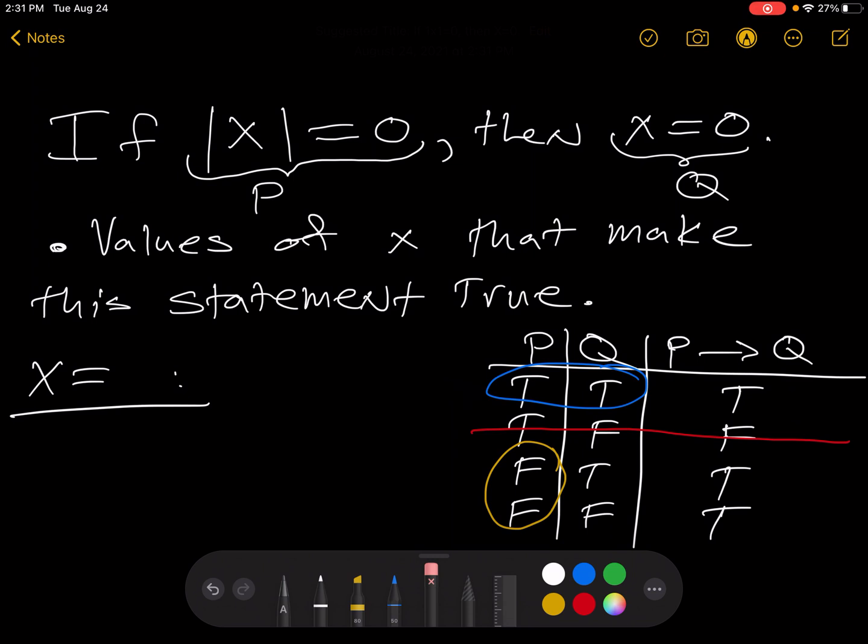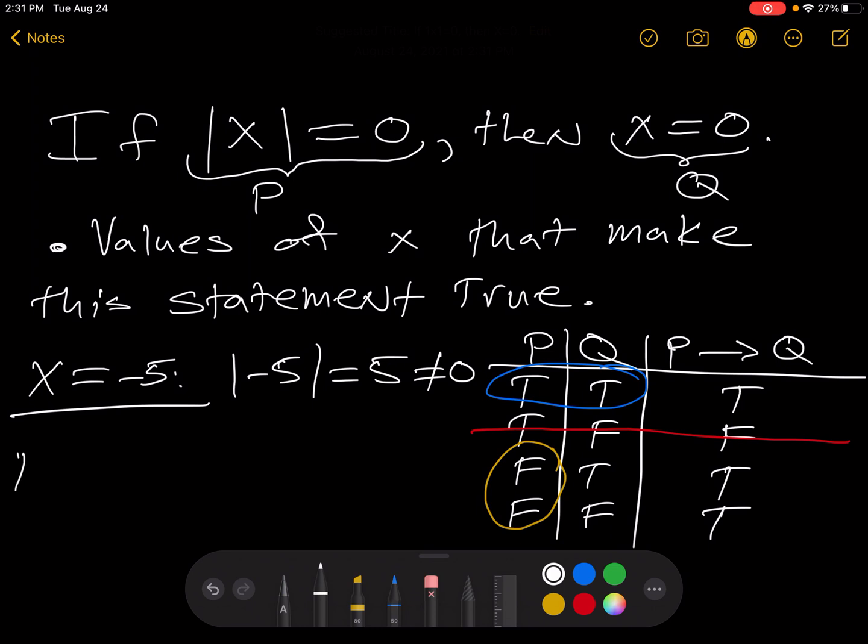Okay, let's look at another example of an x value that makes the statement true. Let's say x equals -5. Now remember that the absolute value of -5 is equal to 5, and that 5 is not equal to 0.